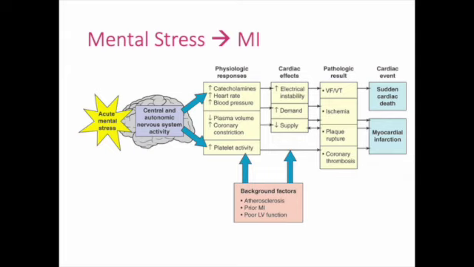We also know that coronary artery constriction can be a result of mental stress as well. When this happens, the supply of oxygen and nutrients to the heart is compromised, and this reduced flow, plus knowing that the arteries are narrowed, can lead to myocardial ischemia, again leading to arrhythmias like VFib.